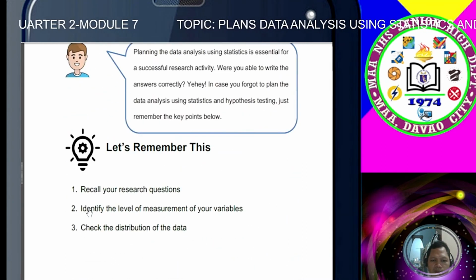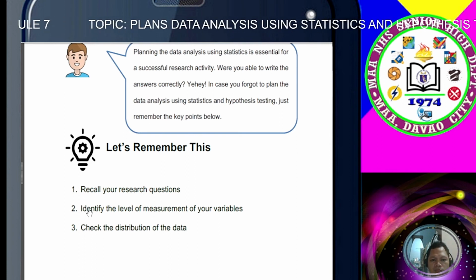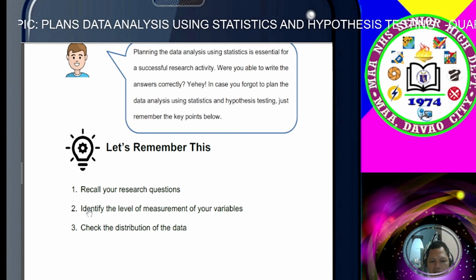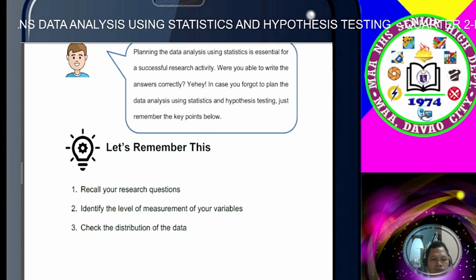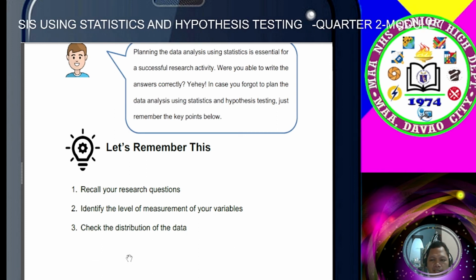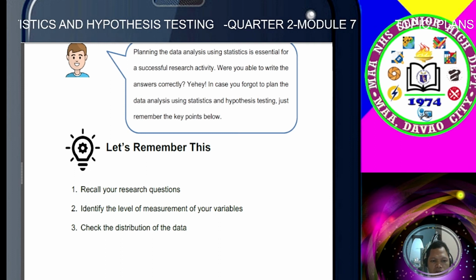Then let's remember this. Number 1, recall your research questions. Number 2, identify the level of measurement of your variables. Then 3, check the distribution of the data set. This is very important in planning for your data analysis. I hope it's clear to you.